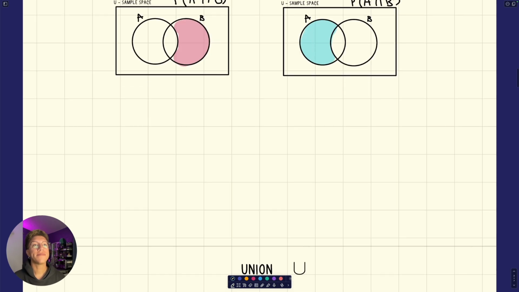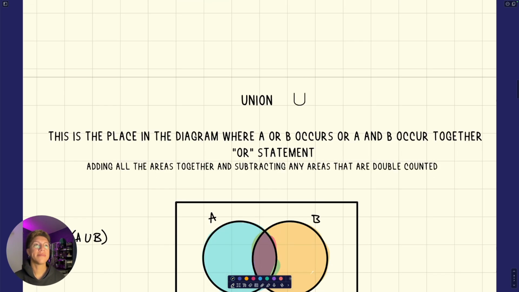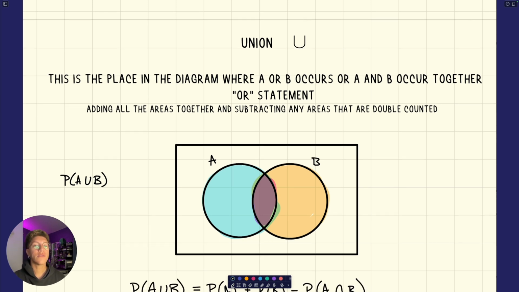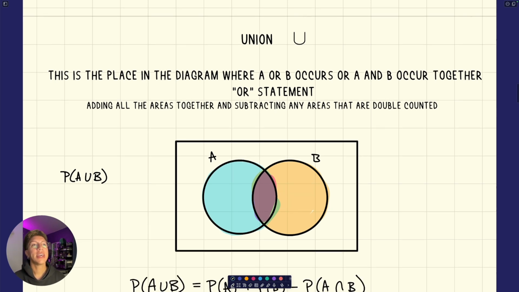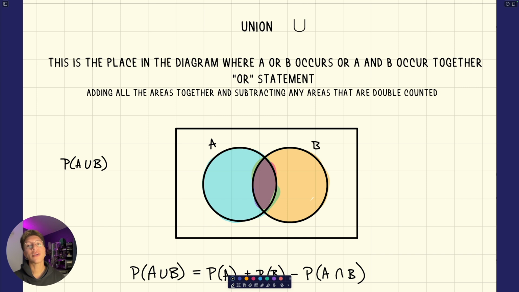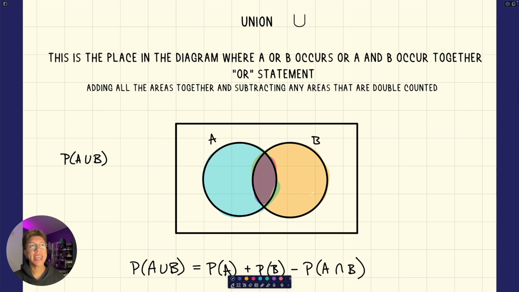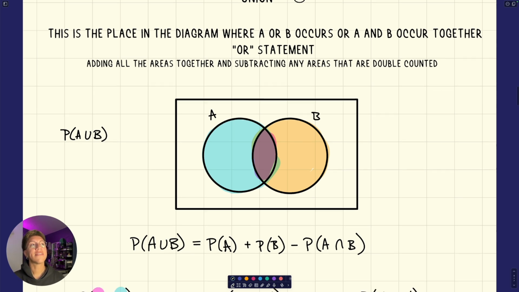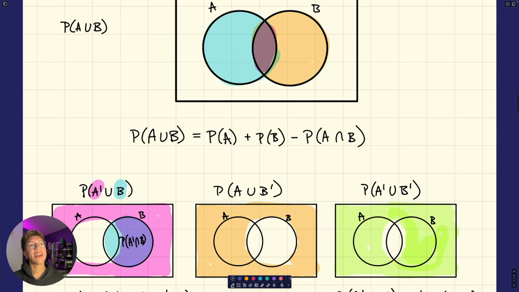That's what we're looking for, not only in Venn diagrams, but tree diagrams. We're going to see that in continuous random variables and also for discrete random variables. Union is our OR statement. It's represented by this large U. And we're saying the first event happens, the second event happens, or the 2 events happen together. So we're looking at 3 different places in our diagram, and this is our very first case and our other 3 cases.